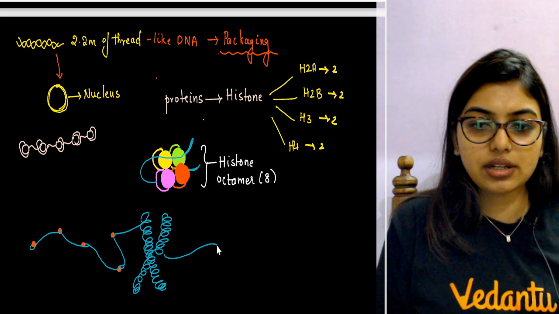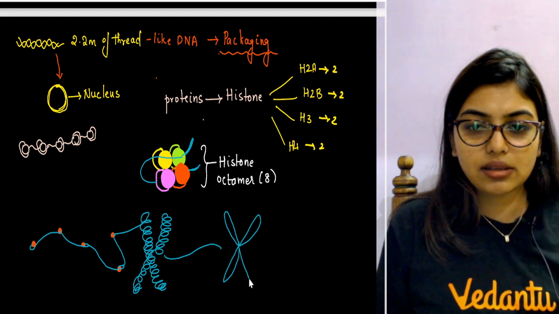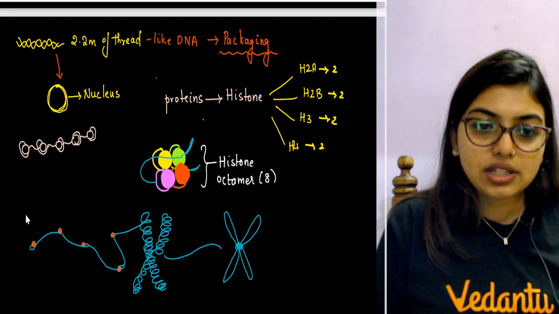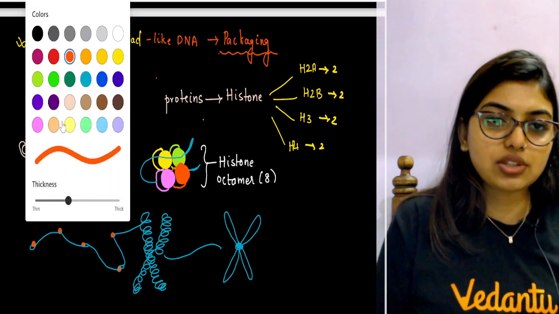And then this condensation will be followed by the formation of sister chromatids. So the ones that you study in prophase, metaphase and all of this, that is a combination of many of these histones together.